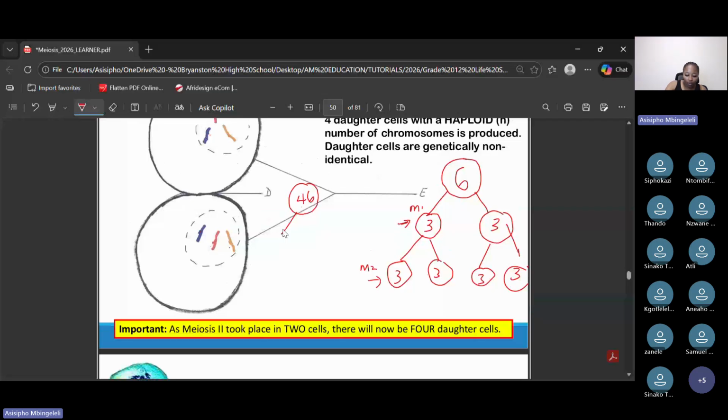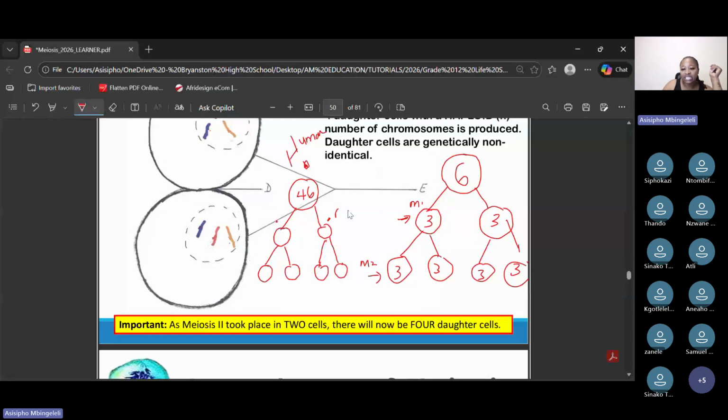Okay, we are focusing on this, and this is taking place in a human sex organ. Remember, an organ is made up of cells. Now, how many chromosomes do we expect to have at the end of meiosis 1 in each cell?